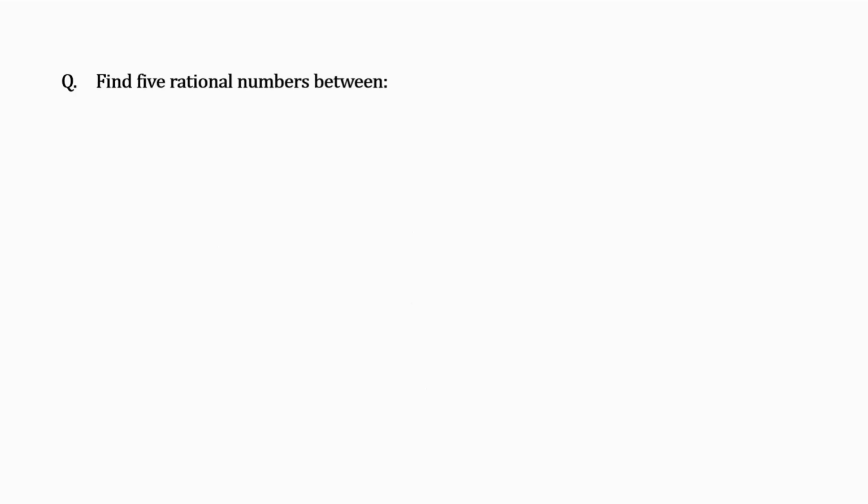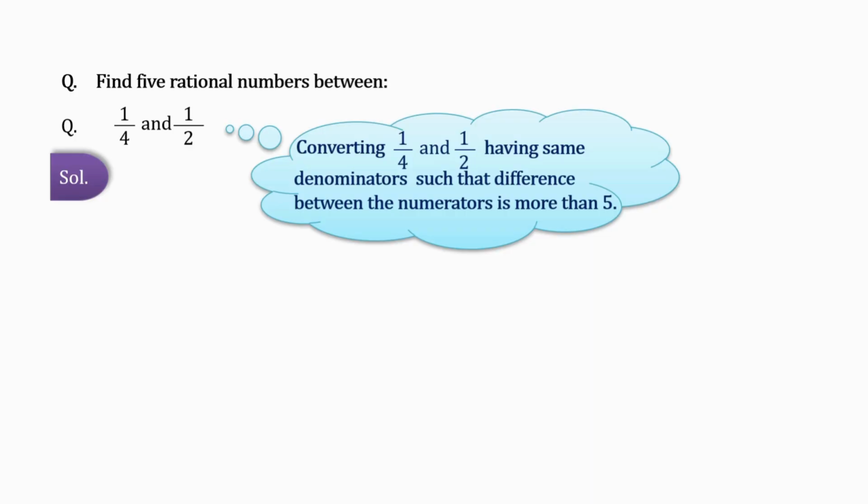Find 5 rational numbers between 1 by 4 and 1 by 2. Converting 1 by 4 and 1 by 2 to having the same denominators such that the difference between the numerators is more than 5.